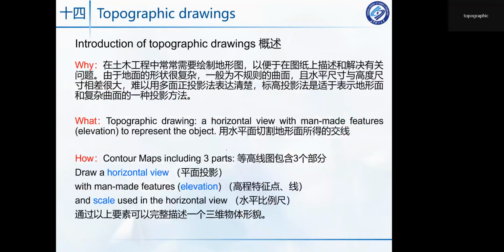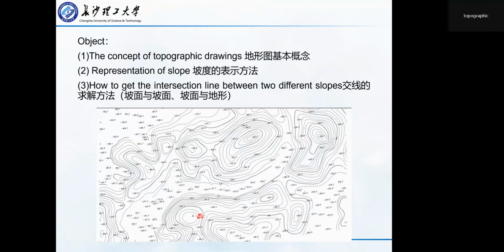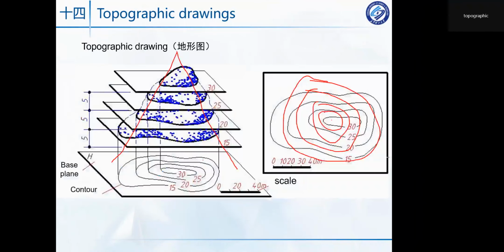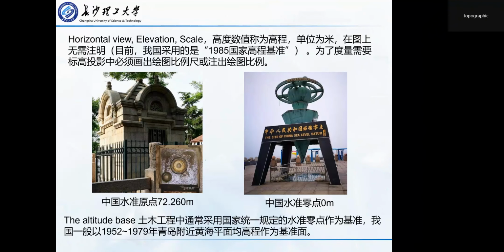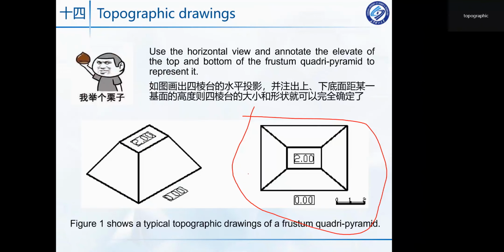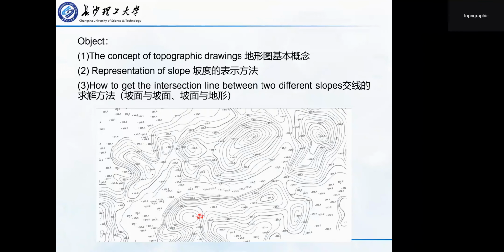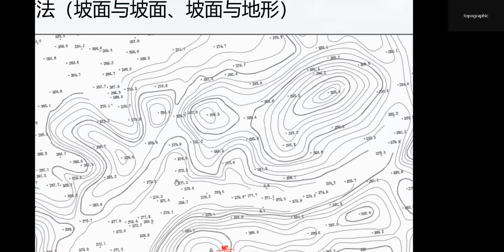For example, as for this map, you can see the number, and this number is the difference in the vertical direction, the difference between this point to that point. So now you understand the meaning of this number.